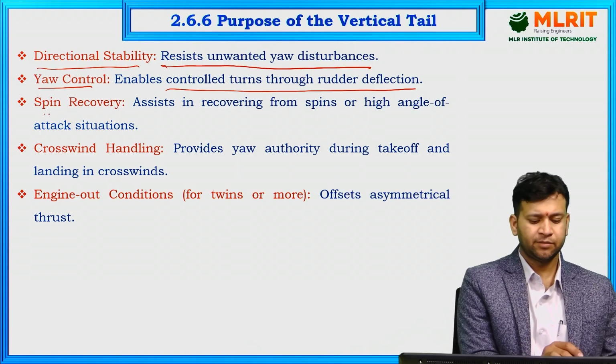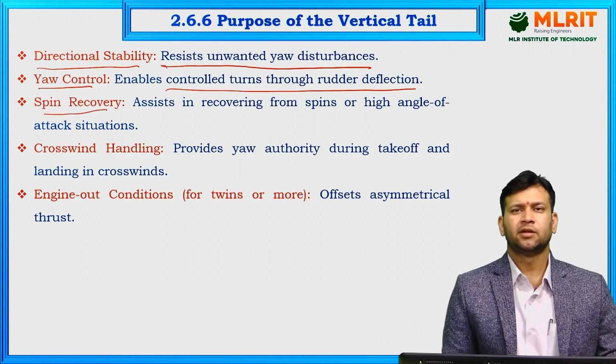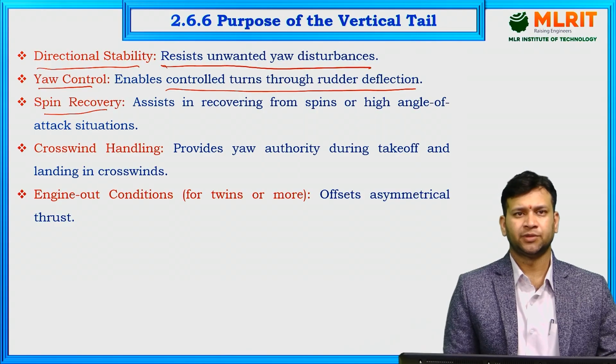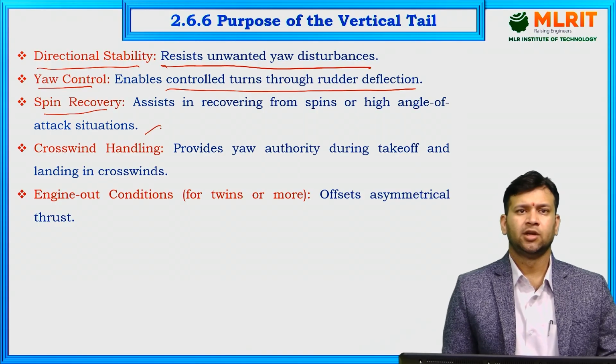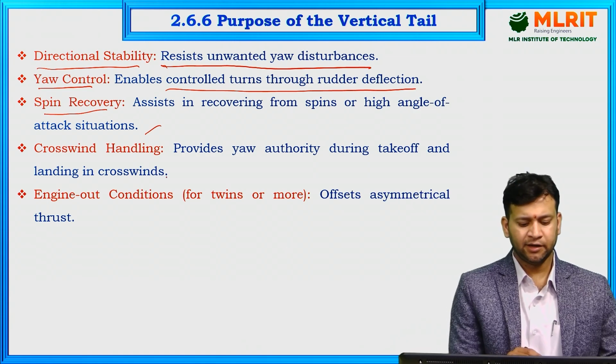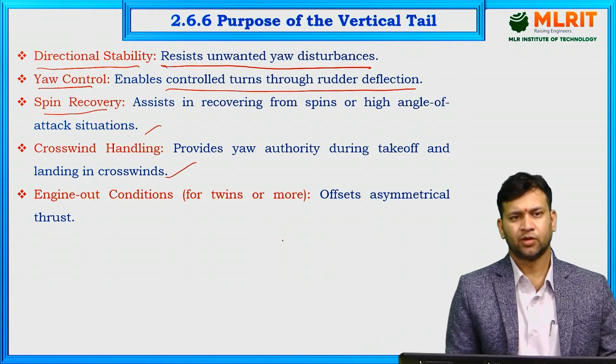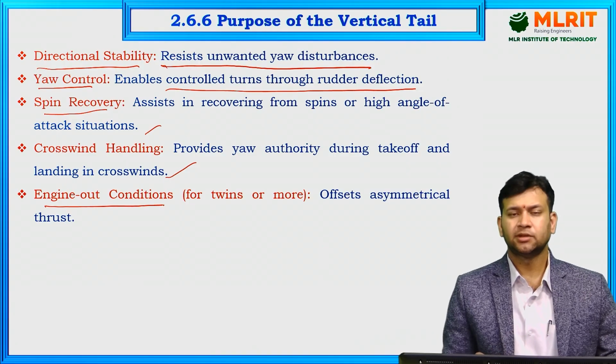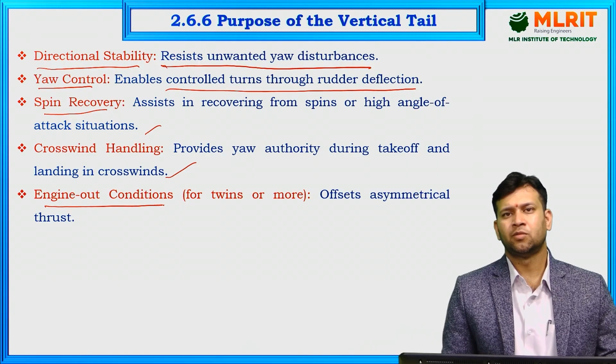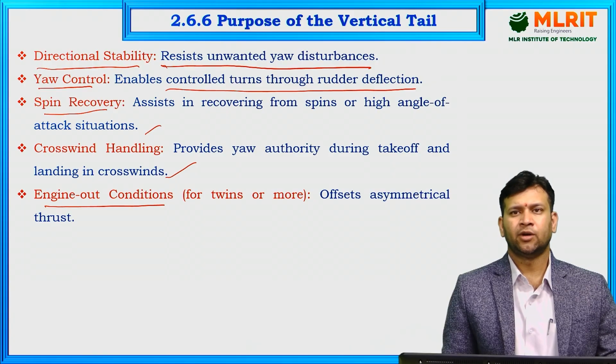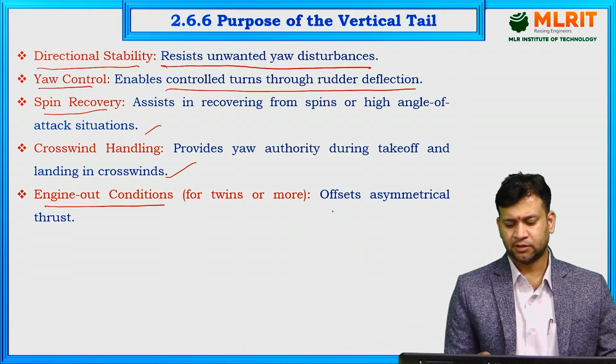Spin recovery: it assists in recovering from spins or high angle of attack situations. Crosswind handling: it provides yaw authority during takeoff and landing in crosswinds. Engine out conditions: for twins or more than that, it offsets asymmetrical thrust.